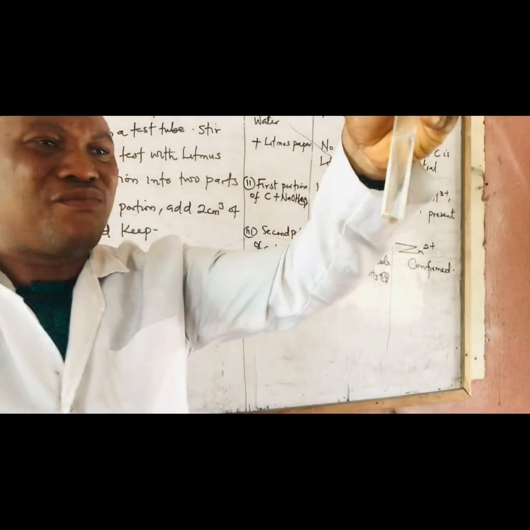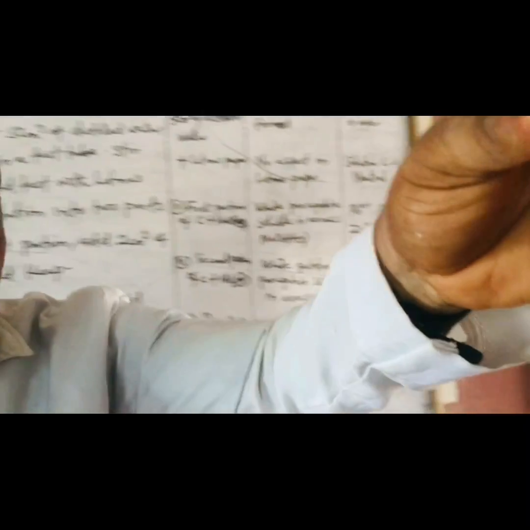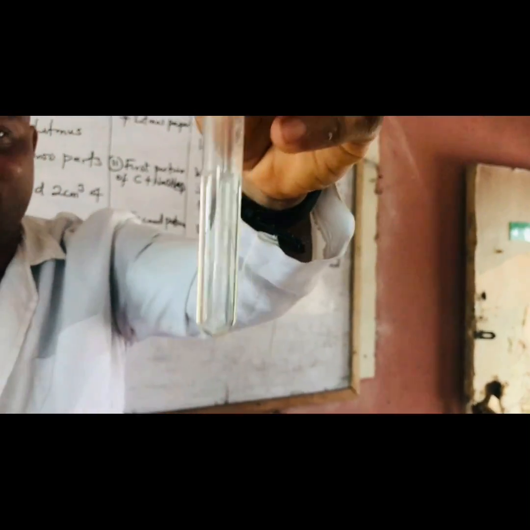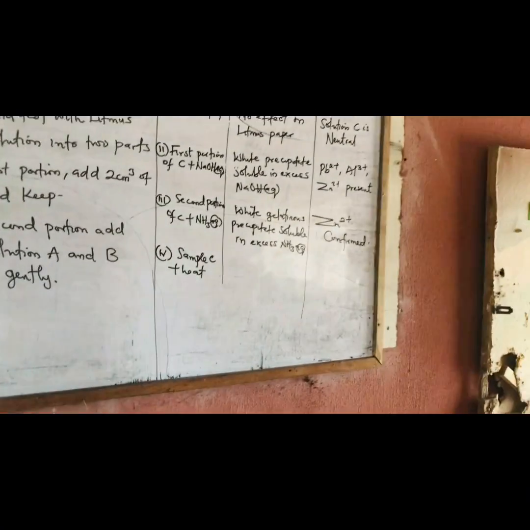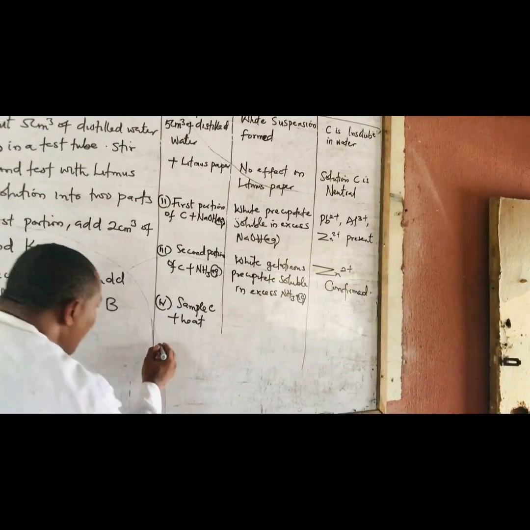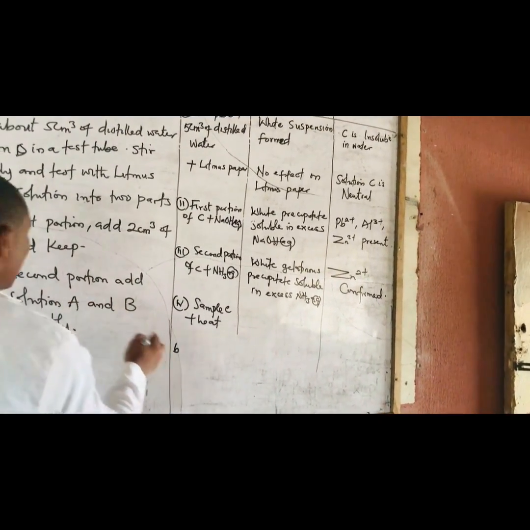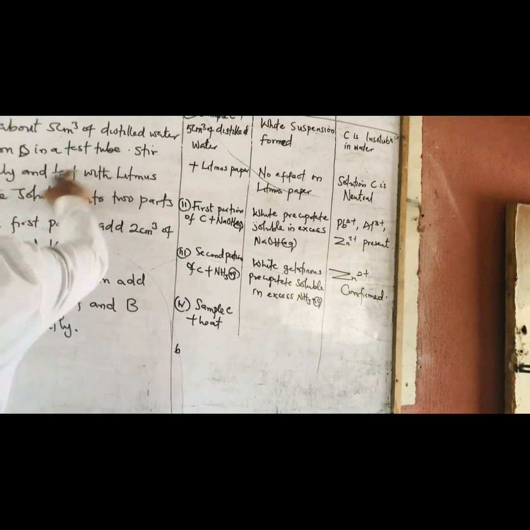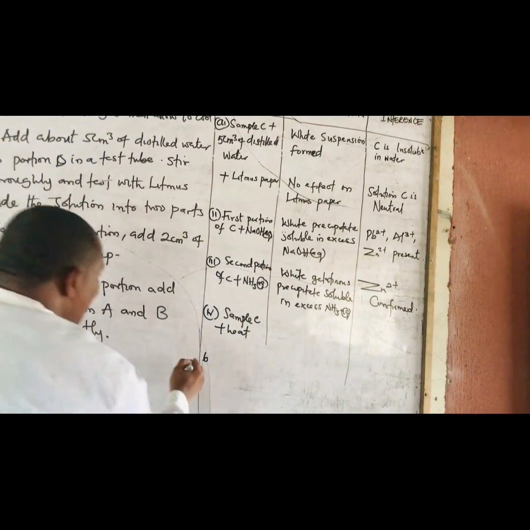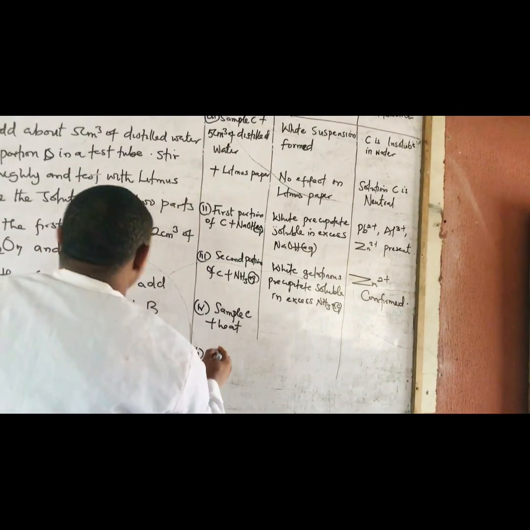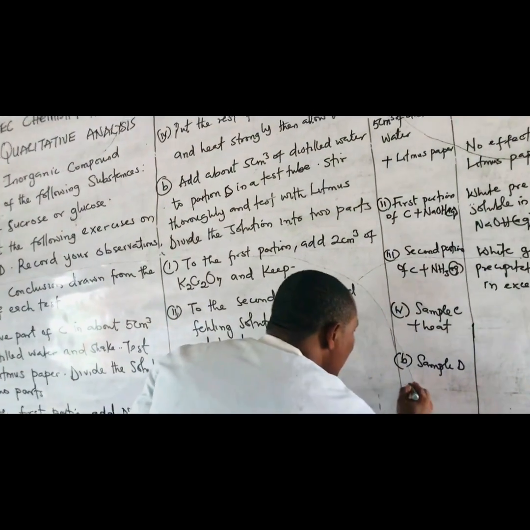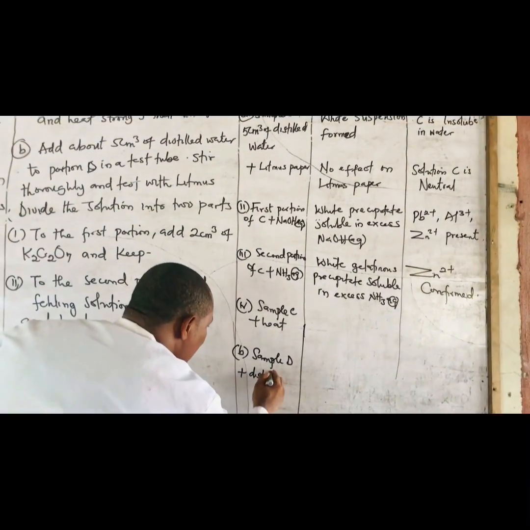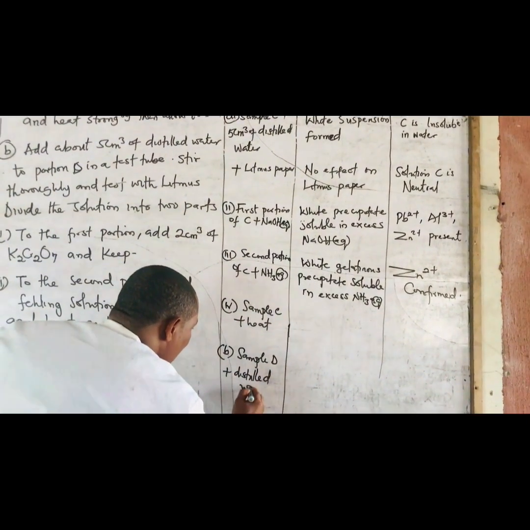You can see, very soluble. So these are things we are seeing. So we come to B now, right? We are still leaving this for the action of heat. So B now, add distilled water to the portion in the test tube and stir thoroughly. So that means sample D plus distilled water. Can you see it? Very soluble.